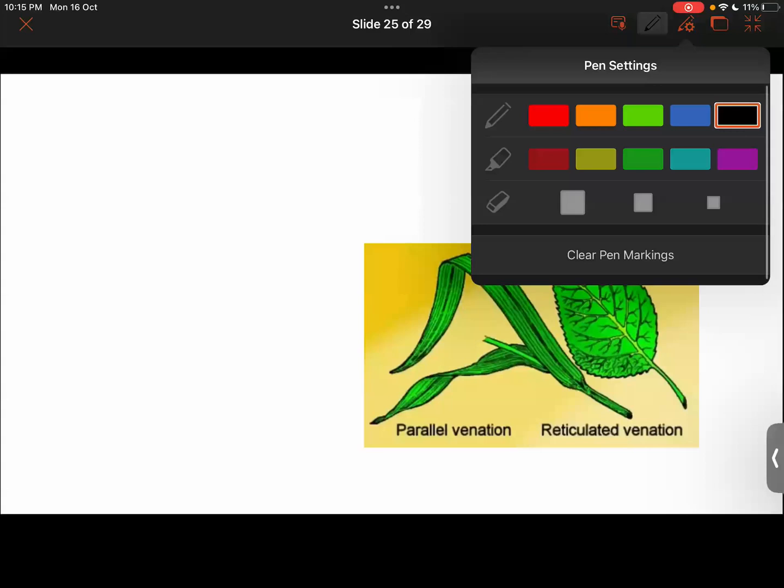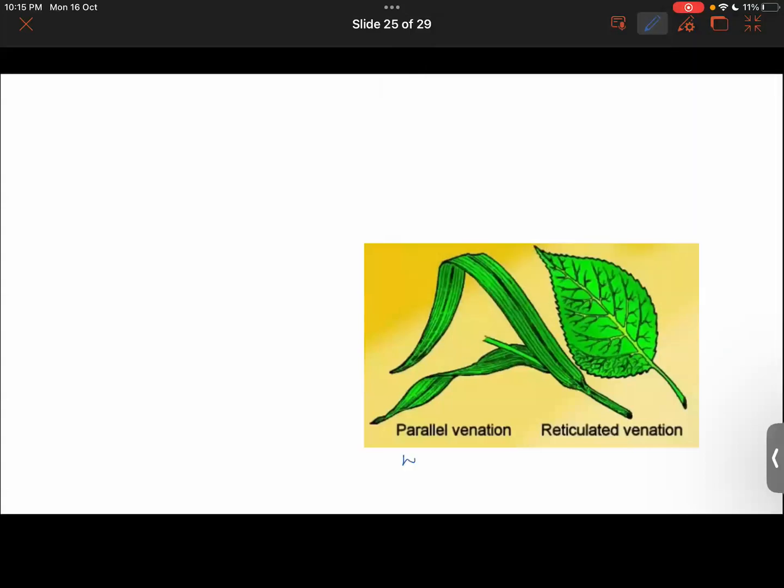Example, wheat or banana tree. For reticulate venation, it's like branches of a tree, like veins.